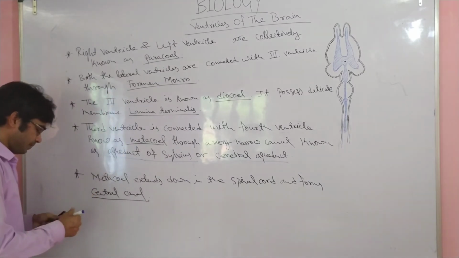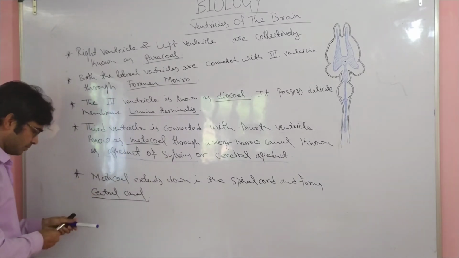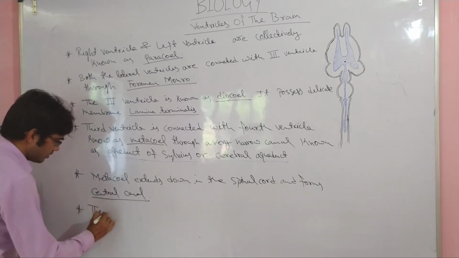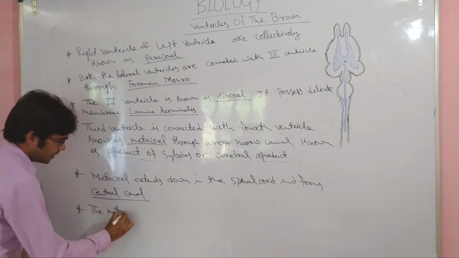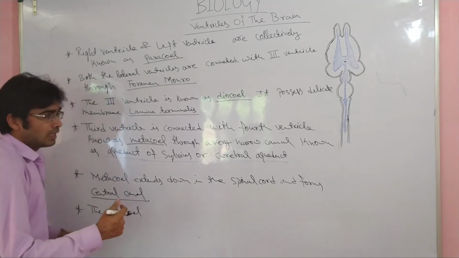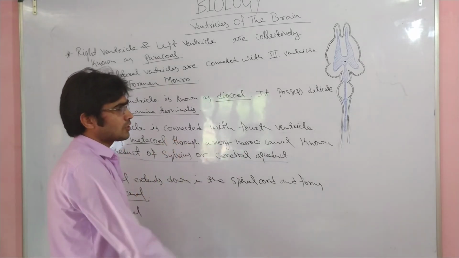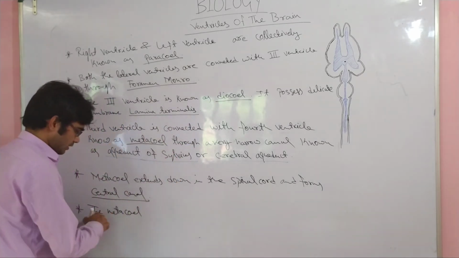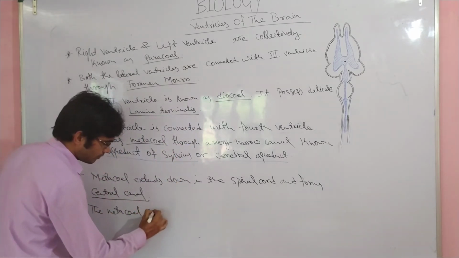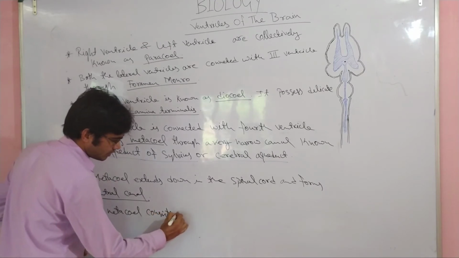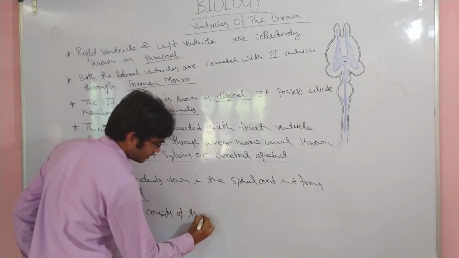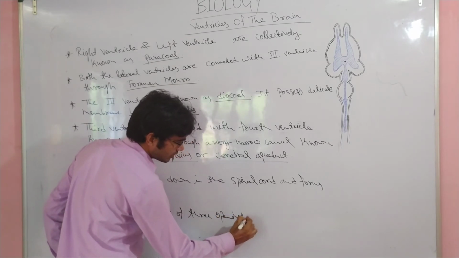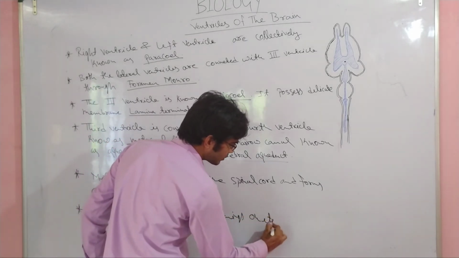The metacele consists of three openings on its roof.